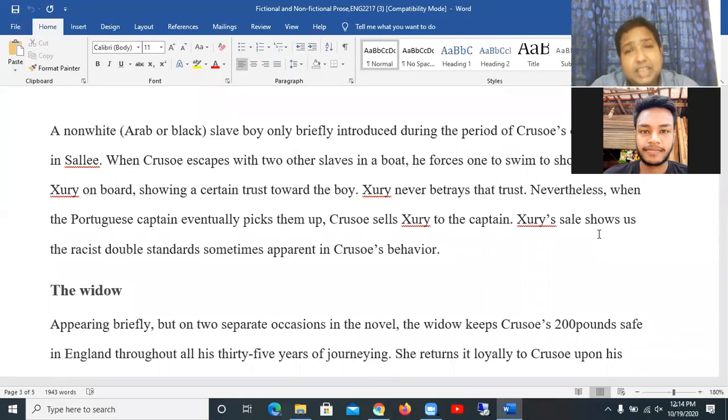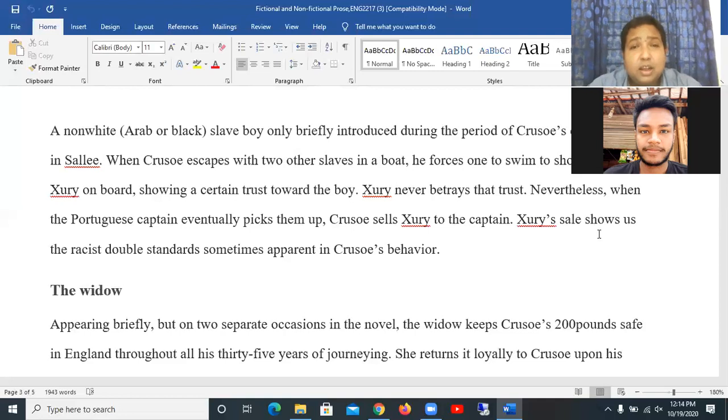So Crusoe was there on the boat, on a canoe, and they were fishing on the sea, and suddenly there is a trick from the British brain of Crusoe, and he throws one man into the sea and threatens Yuri: whether you are going with me, you are going with me, or I will also throw you in the sea.